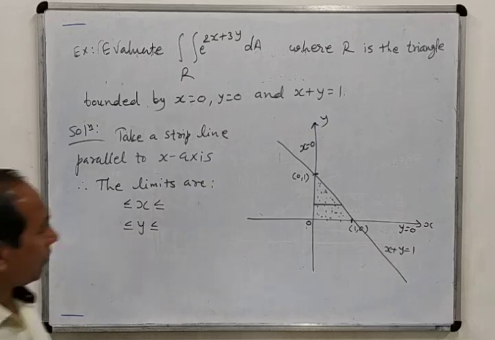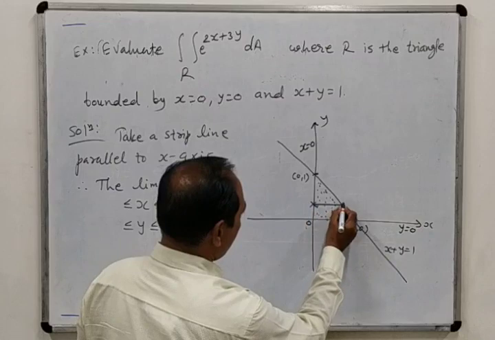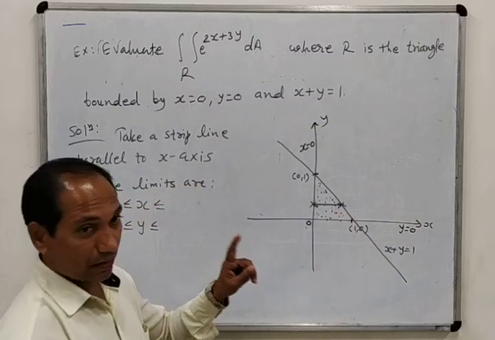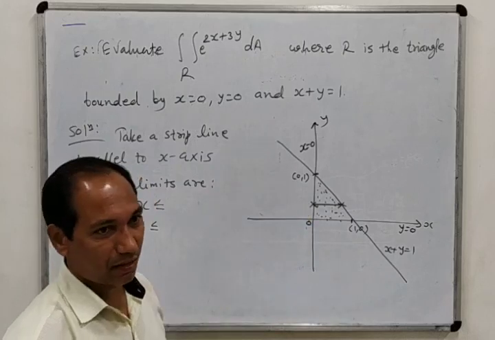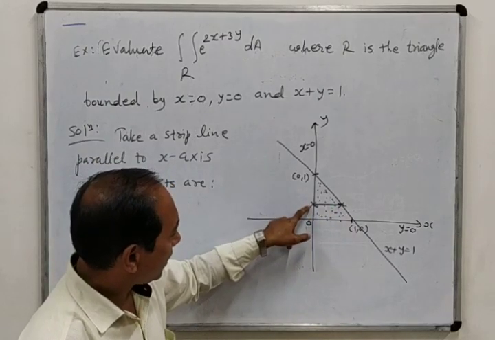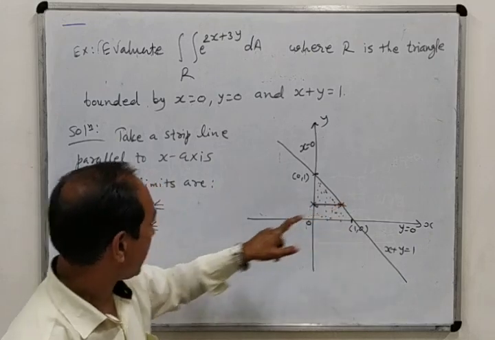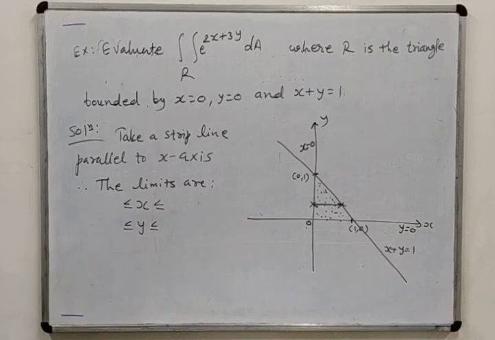Now first focus on the two endpoints of the region of the straight line, the left endpoint and the right endpoint. Left endpoint we will put over here, and right endpoint we will put over here.